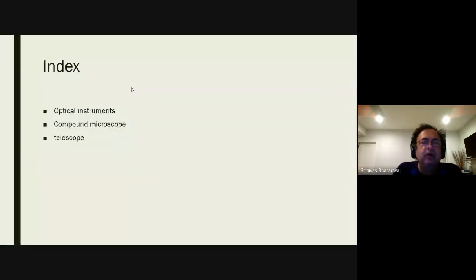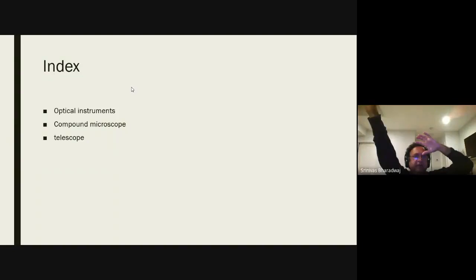Okay, so there are two classes of instruments. One to look at things which are far away, and the other to look at things which are very small.